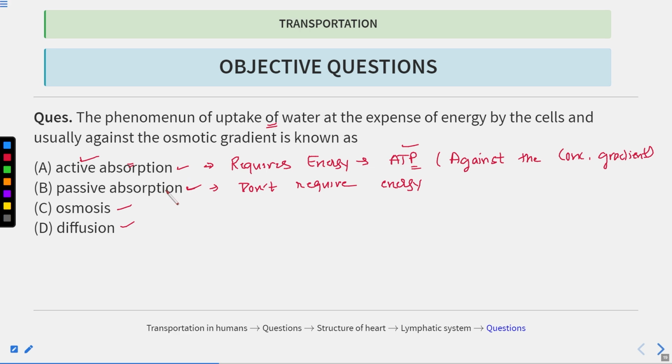Now, what is osmosis? Osmosis is a process in which there is a movement of the solvent molecules.